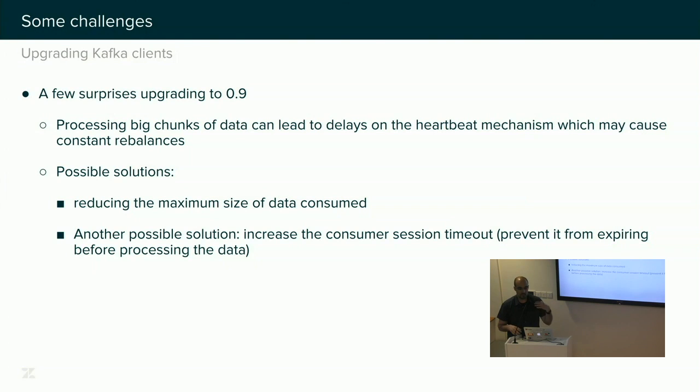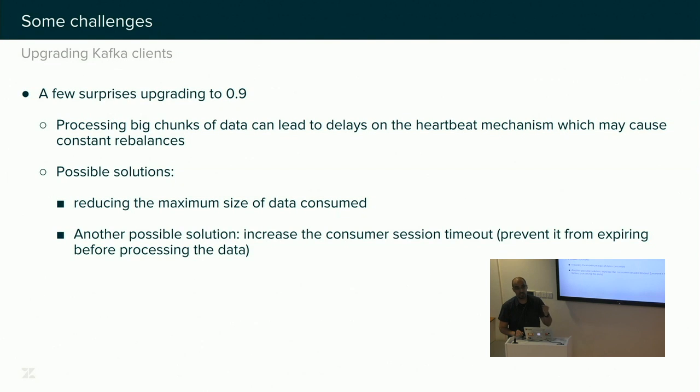So imagine the consumer received the message, and until that message got processed, it wouldn't poll for the next message. And then, by surprise as well, we found out that the heartbeat mechanism in this consumer in 0.9 is actually tied to the polling mechanism. So whenever it polls for the next message, it also sends a heartbeat to the broker in order to say, okay, I'm still alive.